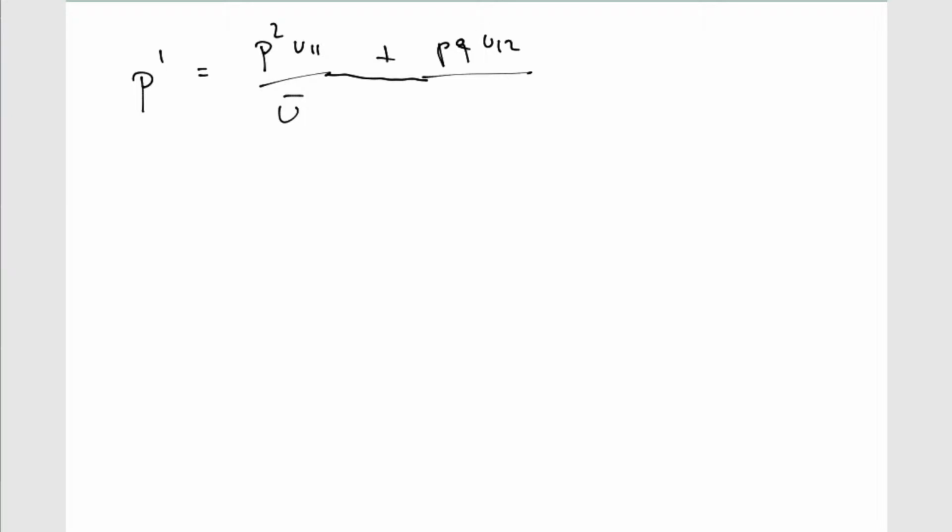Okay, so now that we know P in the next generation, we can calculate the change in P, which is simply whatever P will be in the next generation minus what it is now.